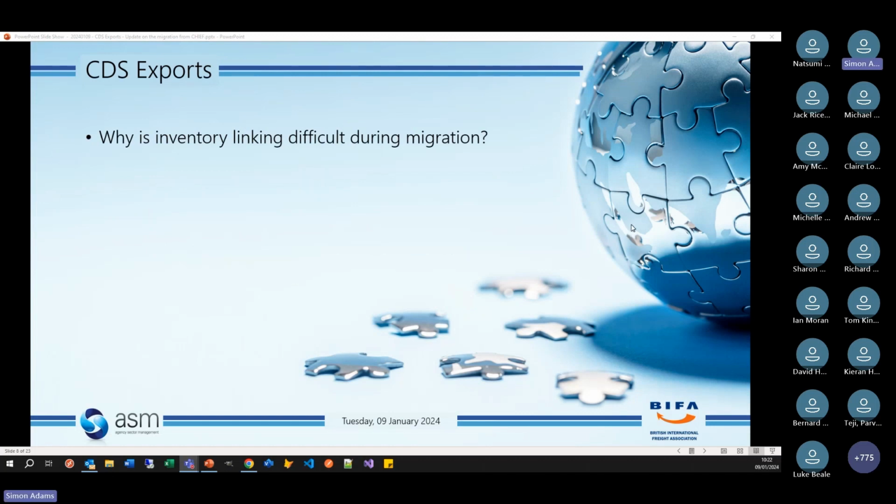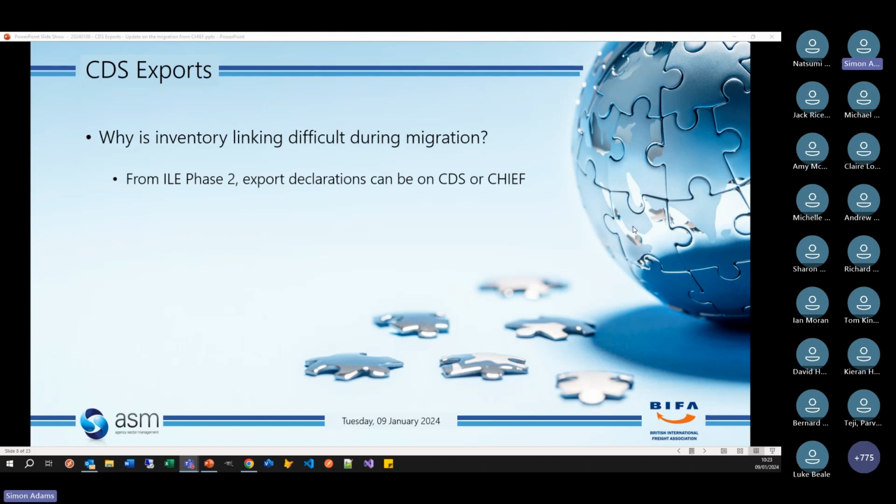So inventory linking, as I say, there are no inventories supported by CSPs, CCS UK, CNS, MCP, Penton. That doesn't exist so much on the export side. So that actually makes inventory linking a lot more difficult for exports than it is for imports.